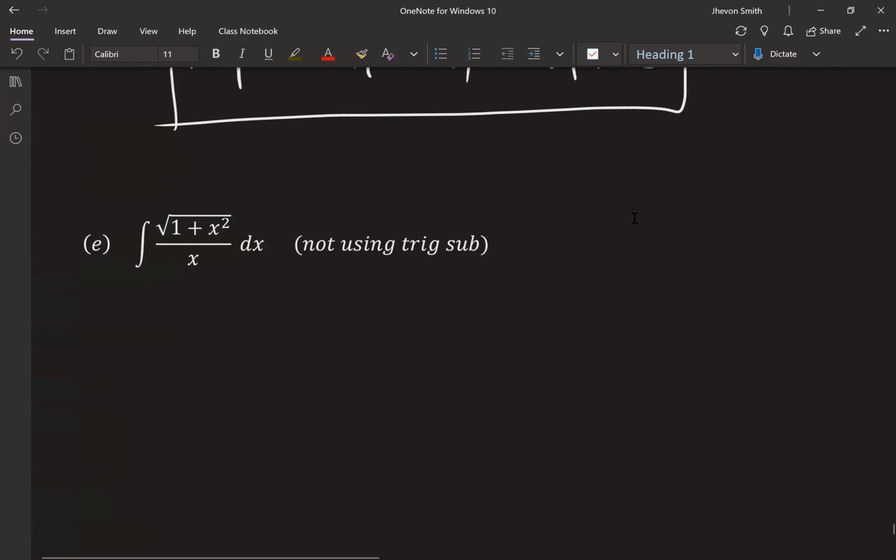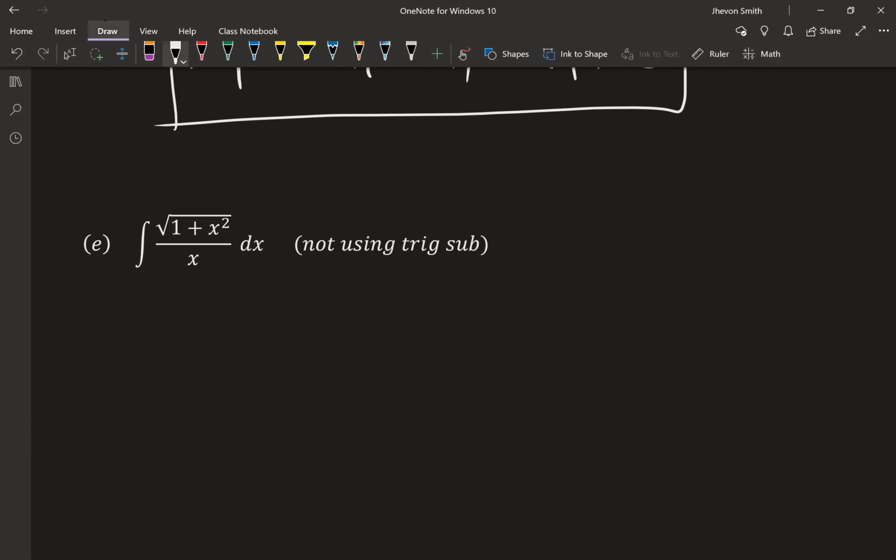So now let's actually say I did not want to do trig sub. Okay, so I saw this and I'm like, you know what? There's an odd power of x somewhere. It's actually in the denominator. Get me another way to do this without doing a trig sub. Ideas. You do u substitution. Okay, what would you substitute? U equals the radical of 1 plus x squared.